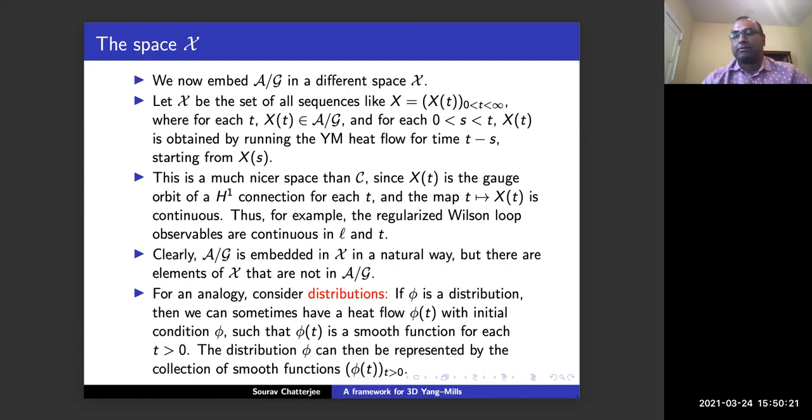You get a narrow Gaussian density, and this whole collection of densities with no beginning, which are becoming more and more narrow, represents the Dirac delta. In the same sense, any collection x_t, t between 0 and infinity with no beginning, that is a Yang-Mills heat flow with no beginning, can represent a distributional gauge orbit, in the same sense as this is represented.